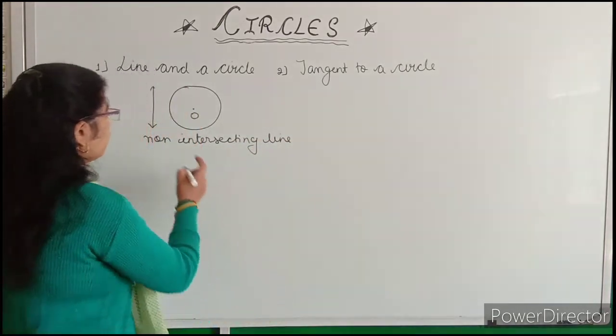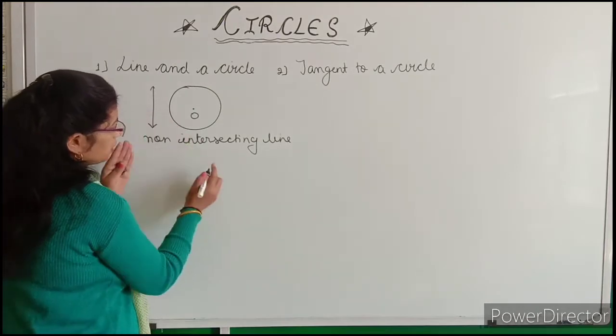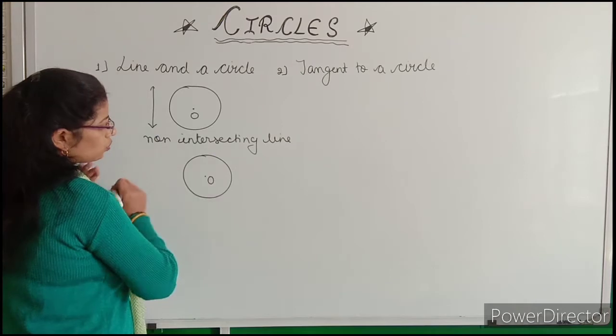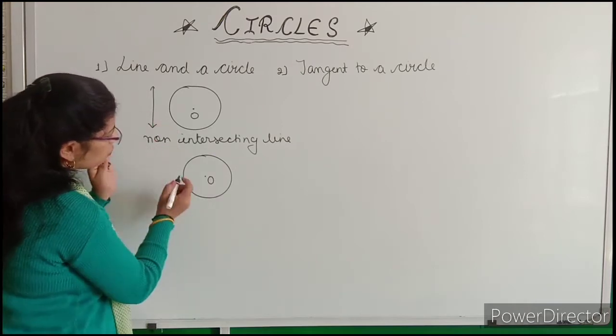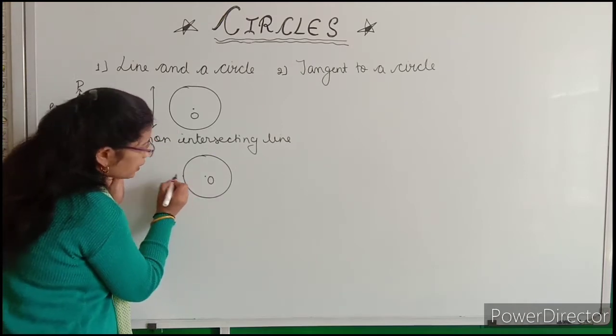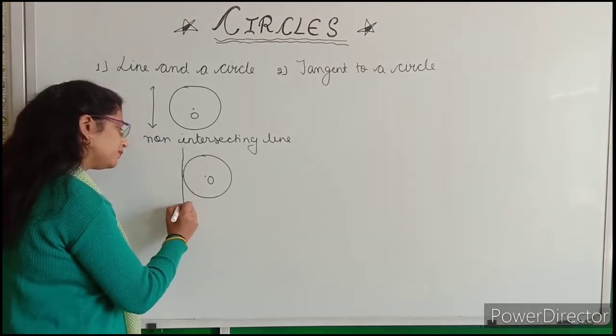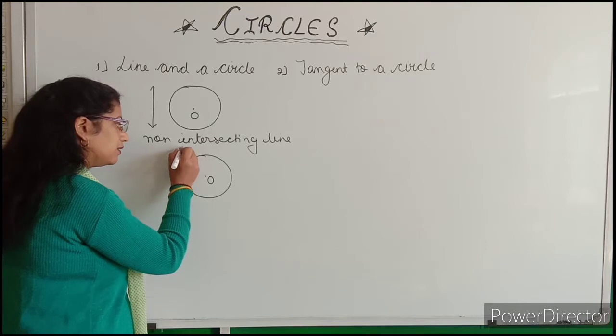Second case, when this line comes closer to the circle. This is a circle and this is a point O. When this line comes closer to the circle, it reaches here at this point and touches the circle.